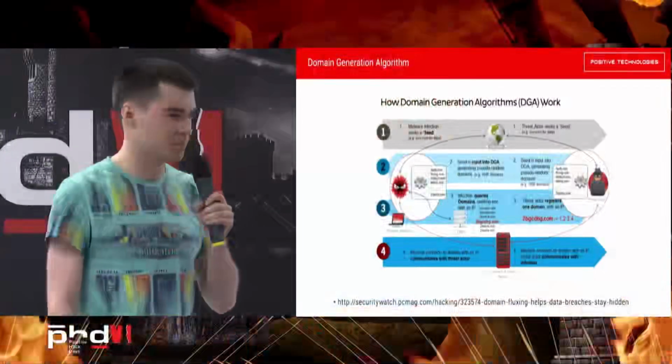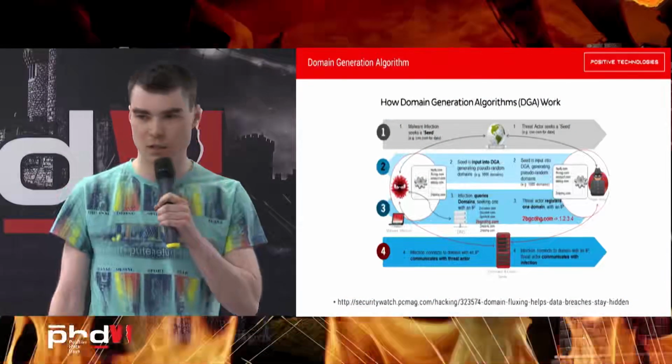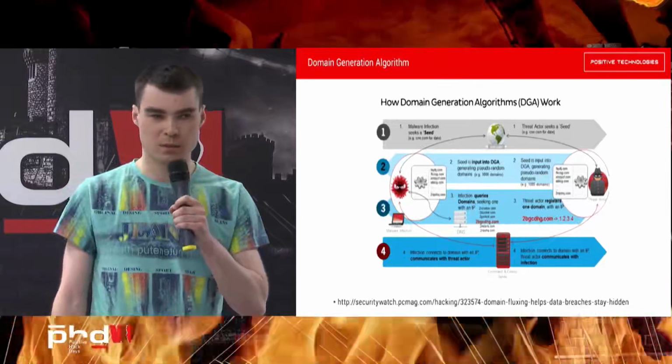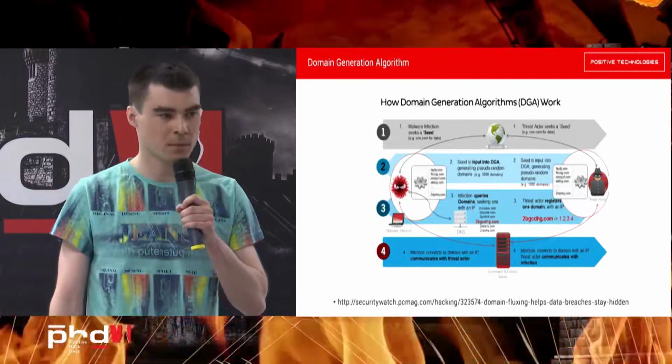That way, the perp has a pretty well hidden communication channel. However, if we have a DGA discovery algorithm, we get the upper hand.